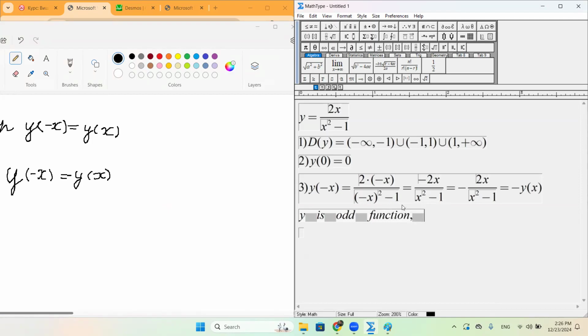Let me remind you, for an even function, the graph is symmetric relative to the y-axis. If odd, it is symmetric relative to the beginning of coordinates.